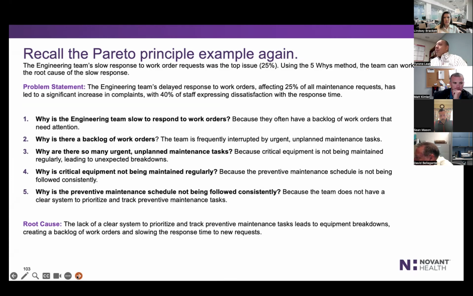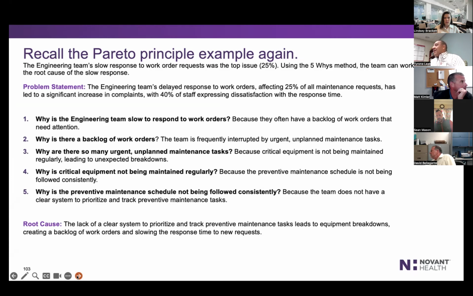Then we say, why is there a backlog of work orders? Keep driving it until we say, why are there so many urgent, unplanned maintenance tasks? Why is critical equipment not being maintained regularly? And in this example, why is the preventive maintenance schedule not being followed consistently? So I just want to touch base on that.